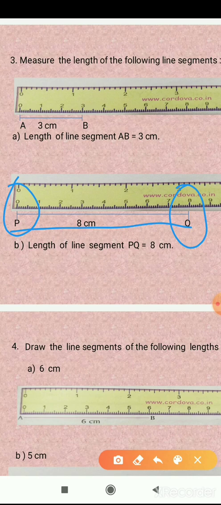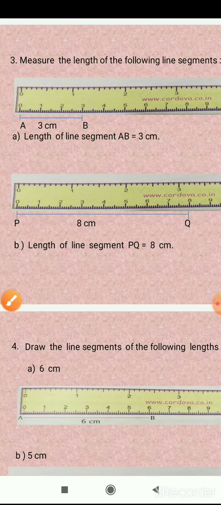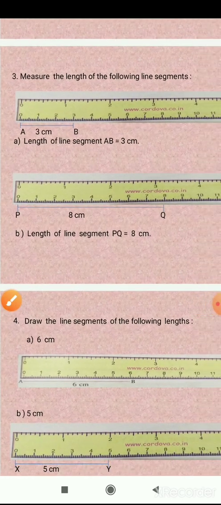Here the mark on the ruler is 8 centimeter. So the length of line segment PQ is equal to 8 centimeter. In this way, here we measure the length of line segment AB as well as the length of line segment PQ.